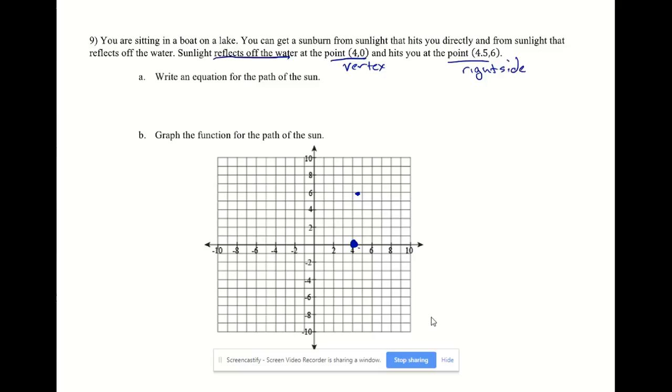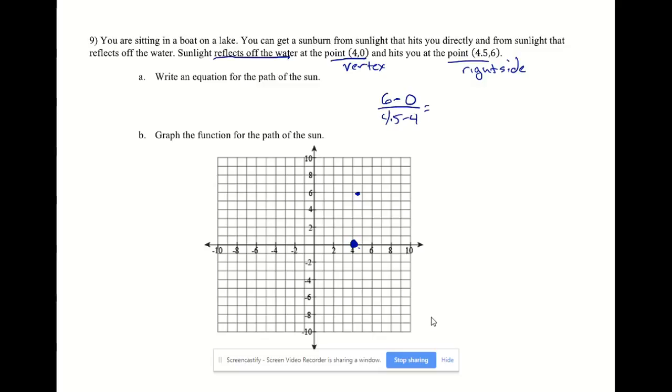So what we can do then is we need our slope for our equation. And slope is simply going to be the change in y over the change in x, rise over run. So we're going up, so it's the second value first. 6 minus 0 over 4.5 minus 4.